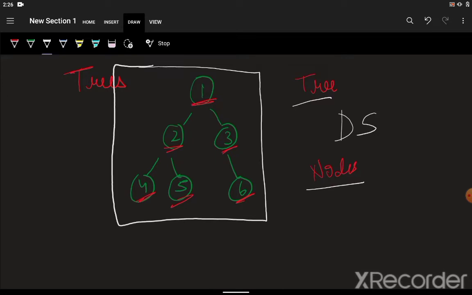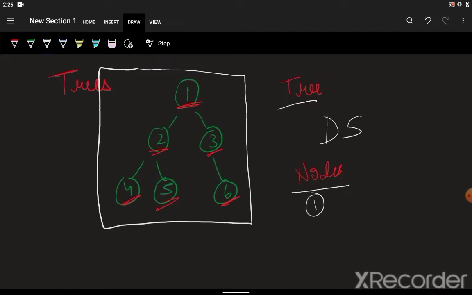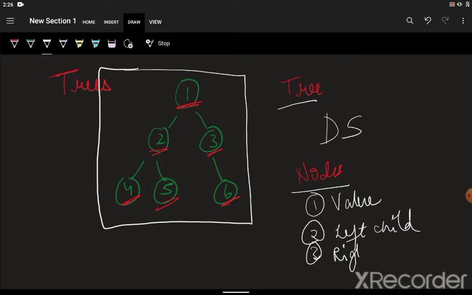A node is something which has three properties. It's used to store data obviously, and how are we storing the data in the node? It has three properties. First, it will have a value, second, it will have a left child, and third, it will have a right child. Now, what do we mean by value?